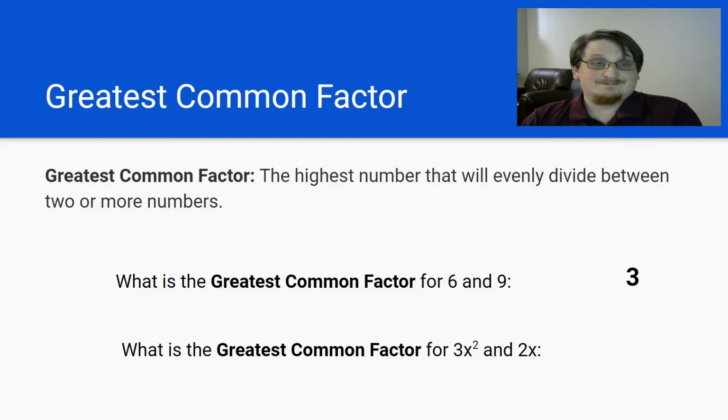The only common factor really is 1, so we can't really group them per se. However, we also have x and x squared. These do have a common factor, and that common factor is x, because as I said before, remember, x squared is simply x multiplied by x. So we can easily factor out x.